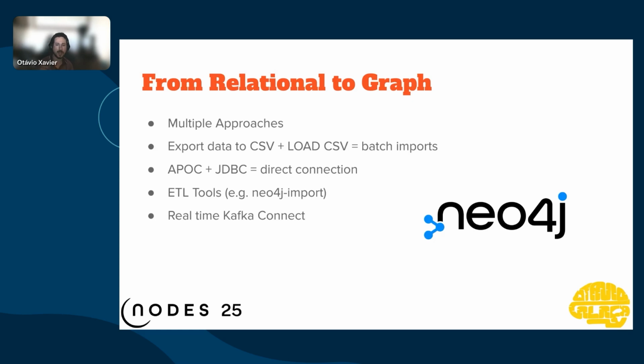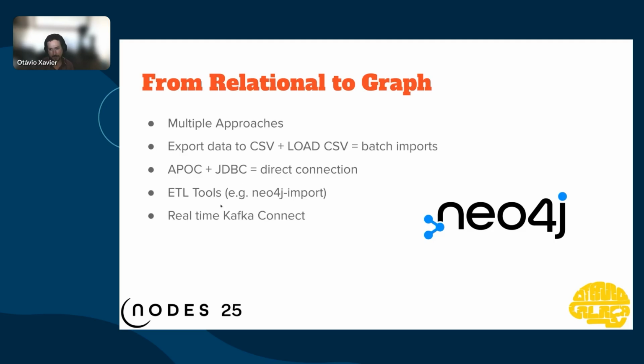With that, you are able to connect from Neo4j directly to your relational database and run a SQL there that will bring data, and you can use this data to create your nodes and edges in the Neo4j database.